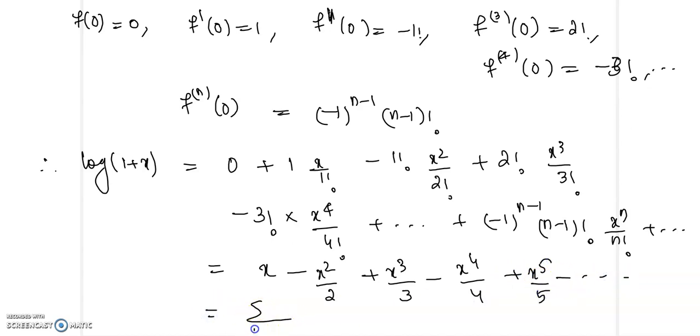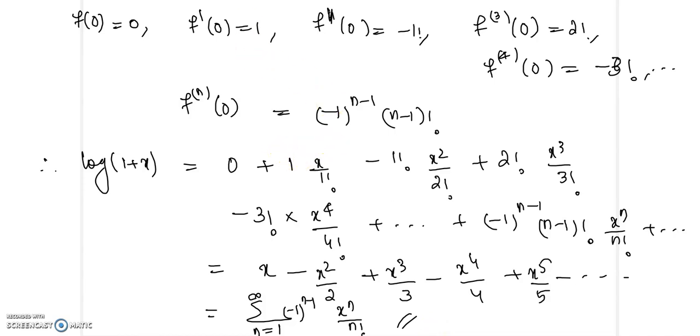So this can be written as summation n equal to 1 to infinity, the general term is x power n by n, and when n is 1 it is positive, when n is odd it is positive, when even it is negative. So that is minus 1 raised to n minus 1. So this is the required expansion for log(1 plus x).